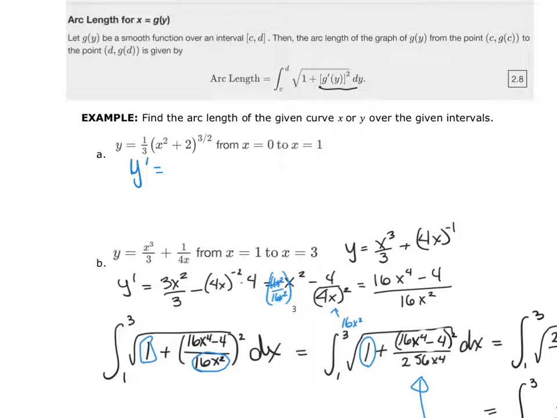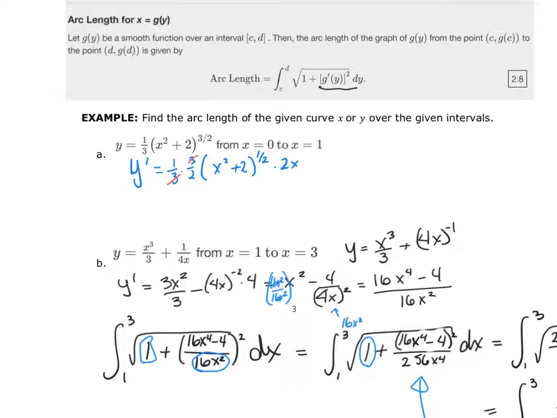The derivative on A, you're going to have to use the chain rule. It's going to be 1/3 multiplied by the power, which is 3 over 2, x squared plus 2. I'm going to drop a power, so that makes it to the 1/2. And then you're going to multiply by the derivative of the inside function, which gives you 2x. Derivative of x squared is 2x.